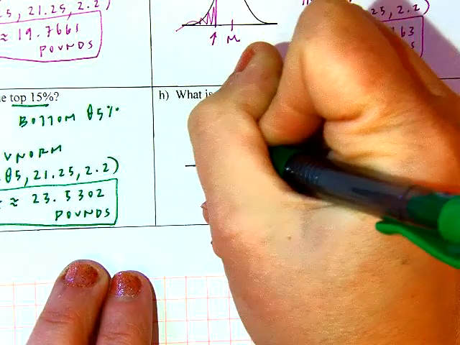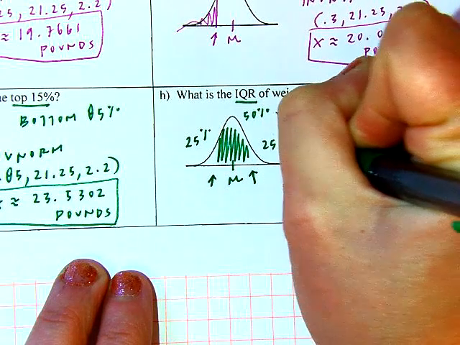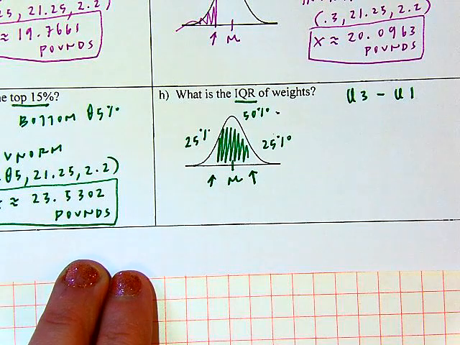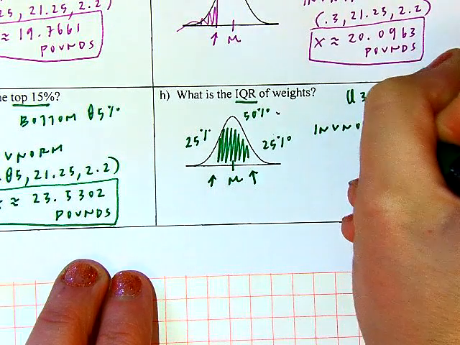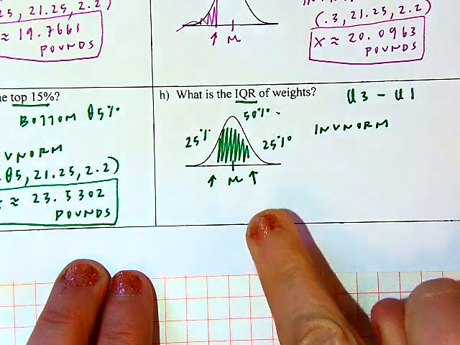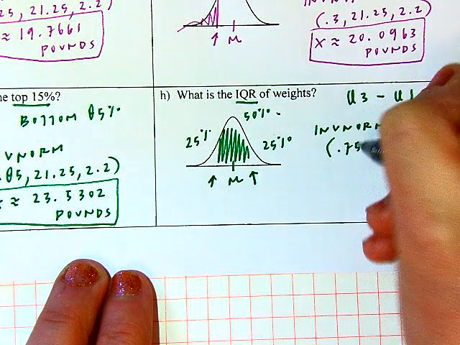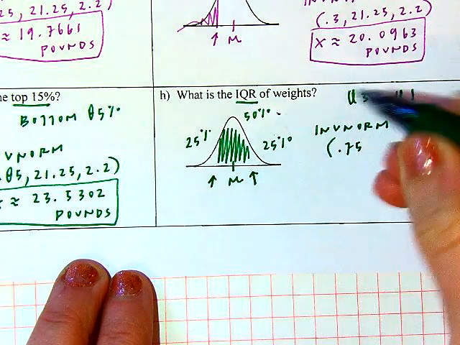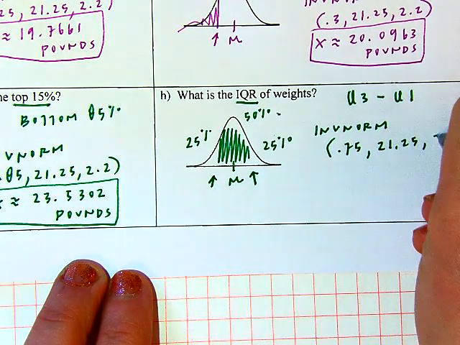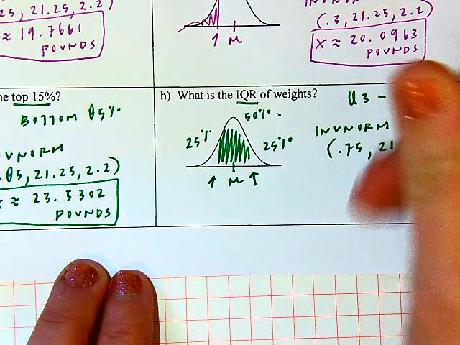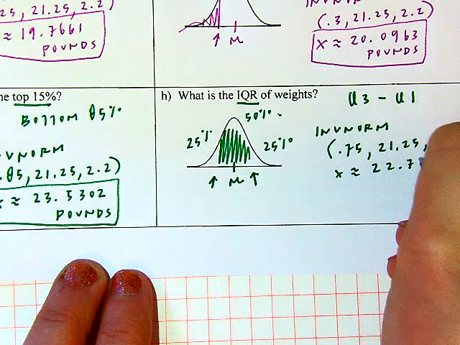So I know again that there's 25% that falls here and here. So to get each one, I do inverse norm to get this larger one. I would say 0.75, right, because there's 75% that's to the left. Mean of 21.25. Standard deviation of 2.2. That's going to give me 22.7339.